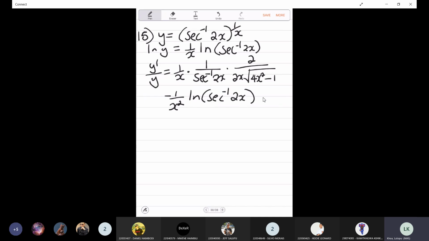So we want y prime to be the subject, so we multiply by y throughout, so we have y prime equals y, multiplied by, so here you can see that the 2's will cancel. So we have 1 over x squared.